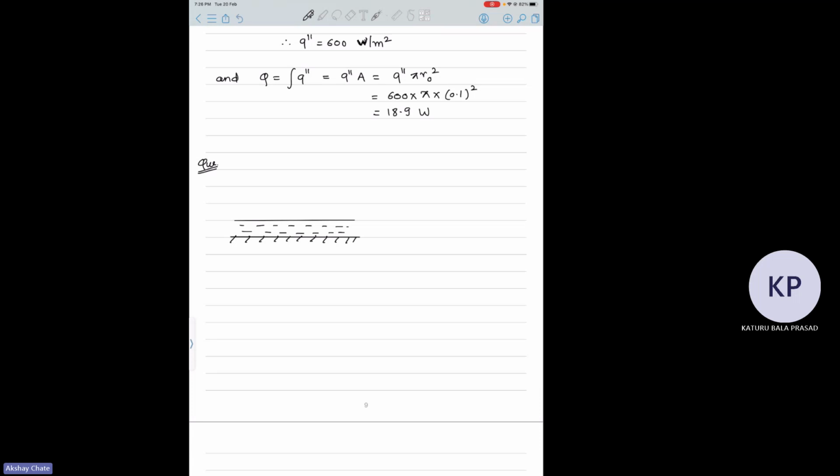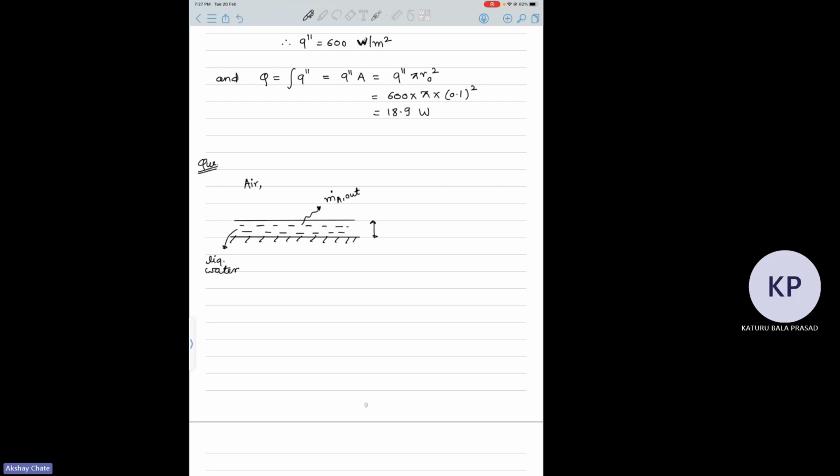Some height is there. Height is not given, but anyway, it is getting evaporated. So this liquid water is being evaporated, and it is going out into the air.